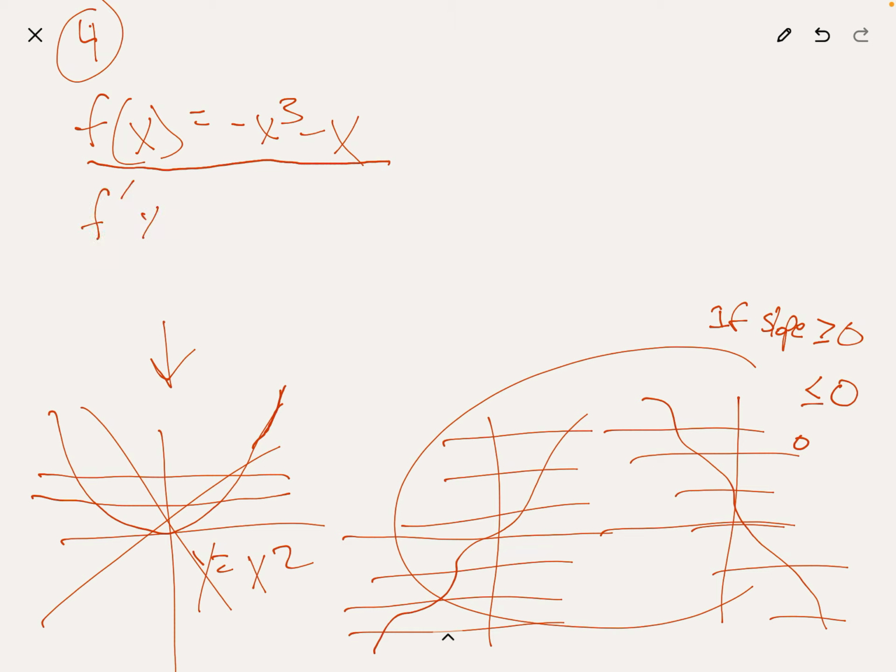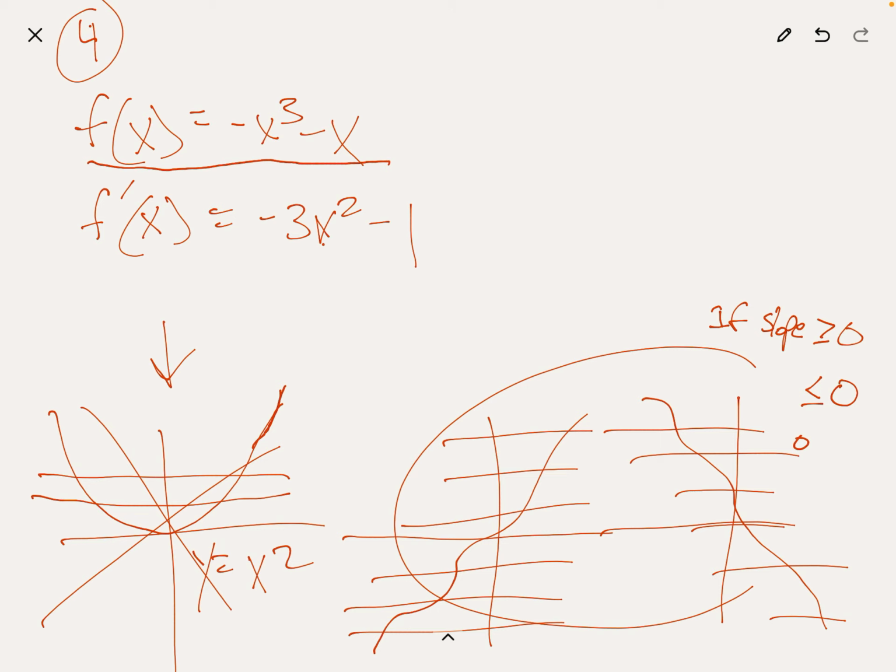What's the slope of this function? It's simply negative 3x squared minus 1. And you can see that no matter what you plug in for x, it's going to be a negative number.